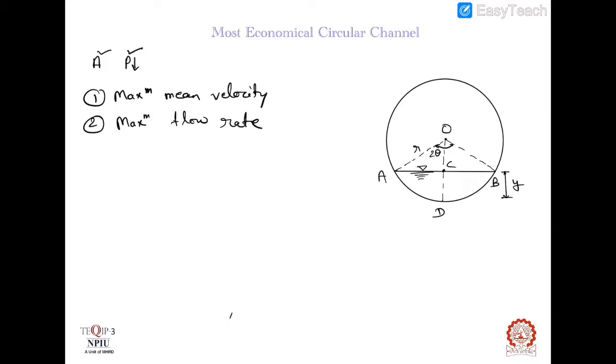We all know that the Chezy's equation to find the velocity is V is equal to C root over RS.